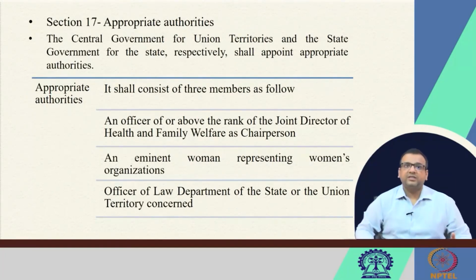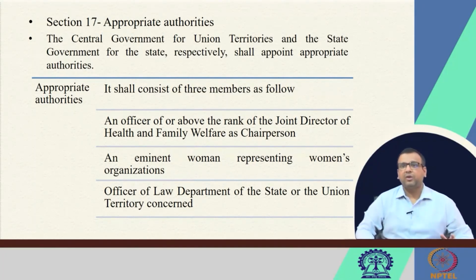So, coming to section 17, who are the appropriate authorities? The central government for union territories and the state government for the states respectively shall appoint appropriate authorities. So, who comes under appropriate authorities? It consists of 3 members. First, an officer of or above the rank of joint director of health and family welfare as chairperson, an eminent woman representing a women's organization, and an officer of the law department of the state or the union territory concerned.